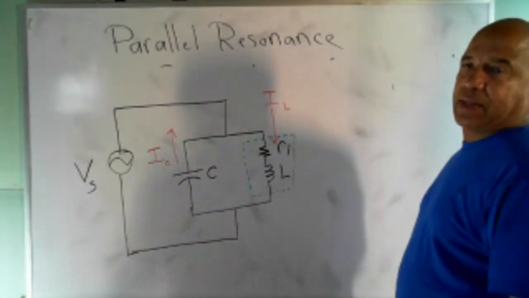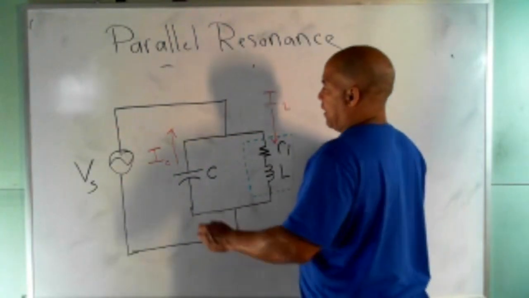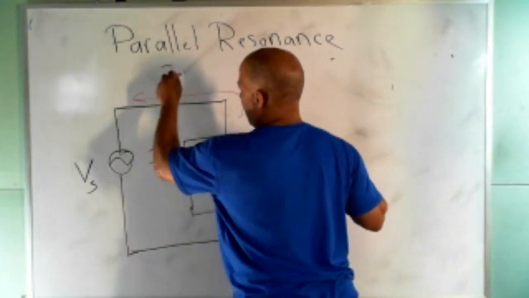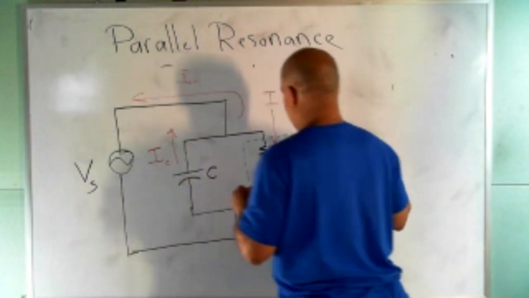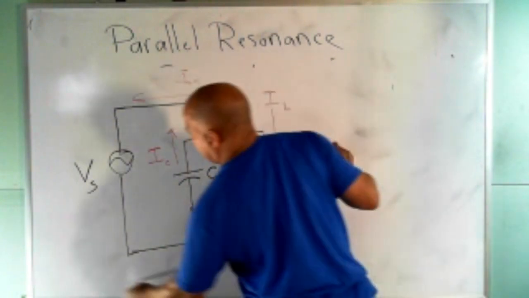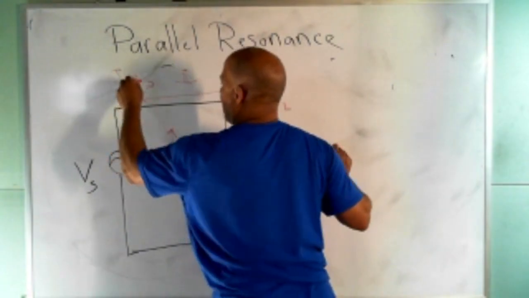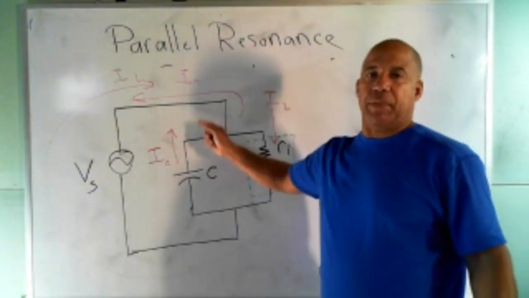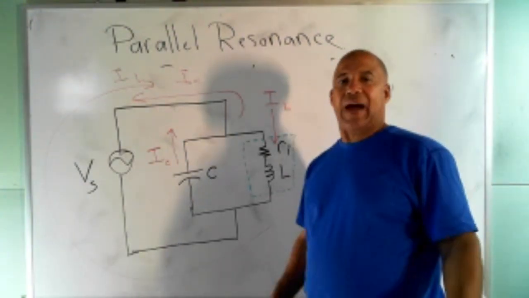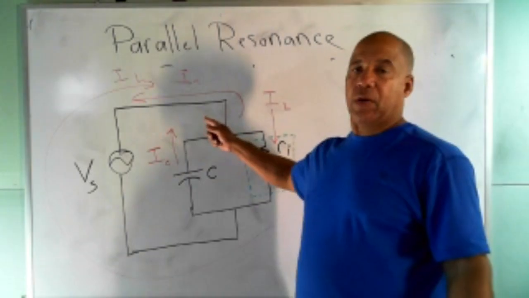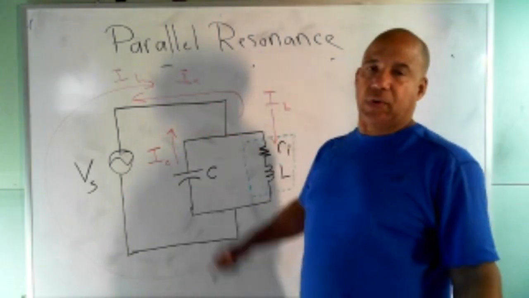So ideally, if the capacitor current is flowing this way, and the inductor current is flowing around this way, then the main line current will be 0. So ideally, in a perfect world, in a parallel resonance circuit, the currents cancel out.